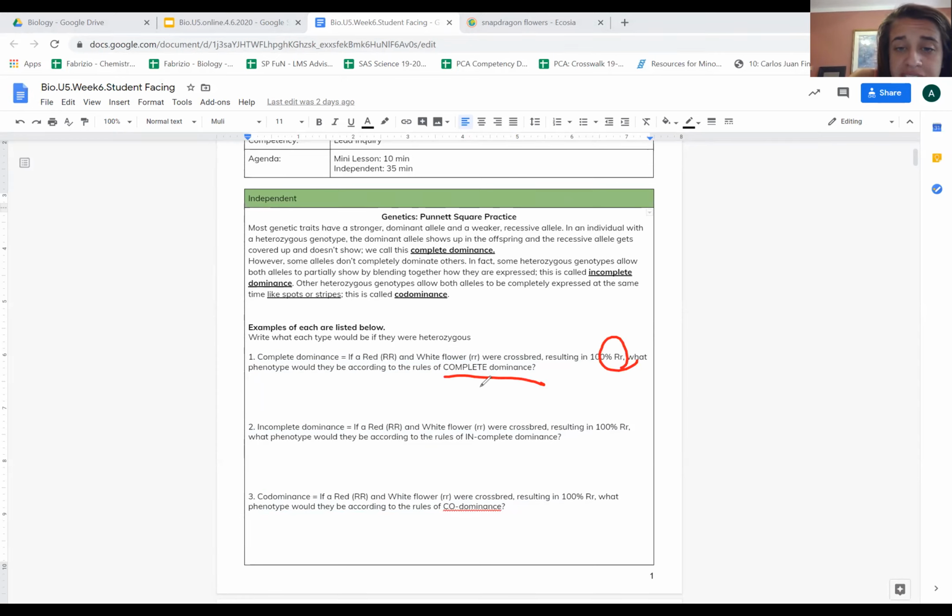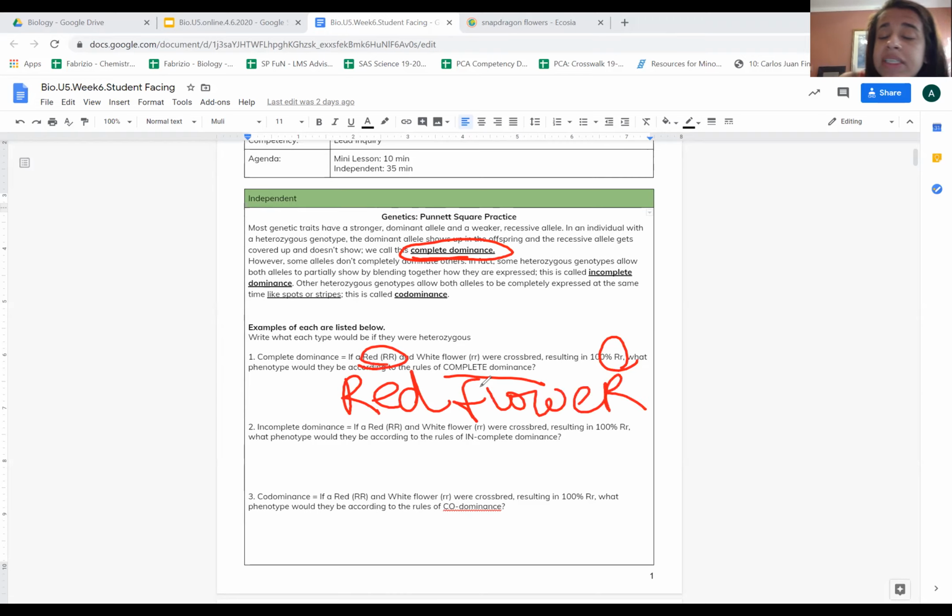Complete dominance means that the dominant allele is completely taking over. So we would see a red flower because this dominant allele is completely taking over and not even letting the recessive allele be expressed.